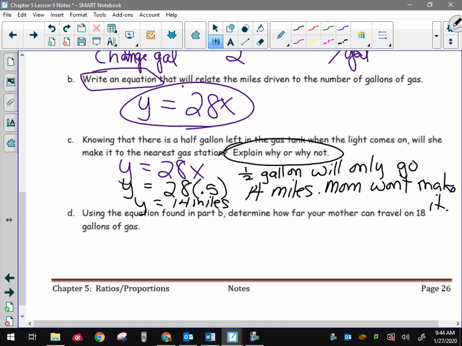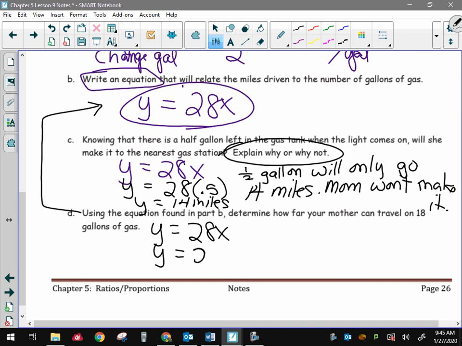Next question. Using the equation found in part B, y equals 28x, determine how far your mother can go with 18 gallons of gas. Where does the 18 go? In place of x.